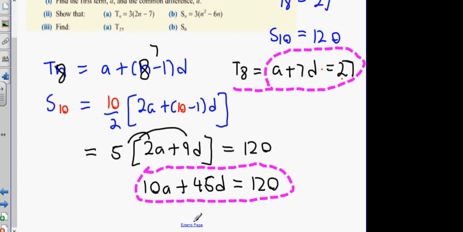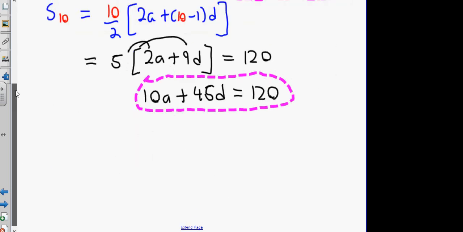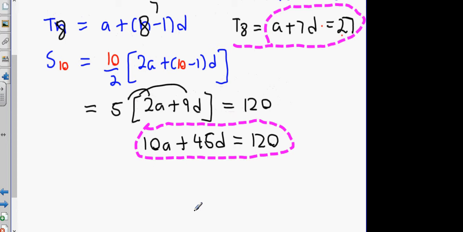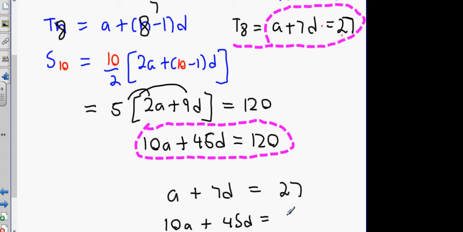So what we need to do is write down both equations and choose a letter to get rid of. Which letter would you like to get rid of? I might suggest using a because 10a is easy to multiply by. Okay, so 45d equals 120.